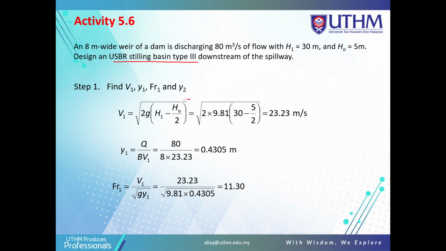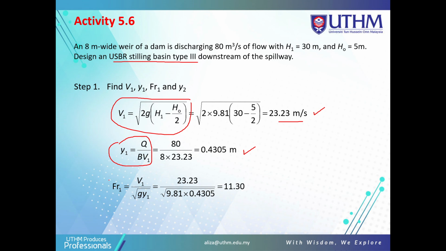So use this formula to get the V1: H1 minus H0. H1 you know is 30 meter and H0 is 5 divided by 2. Use this formula and you get the value of velocity 1. Then you must find the Y1 based on this formula: Q divided by B times V1, so you get the value of Y1.